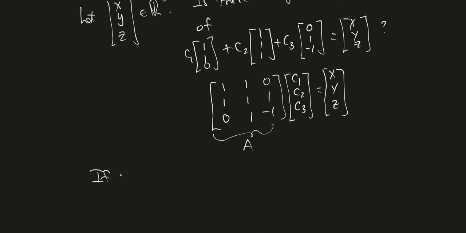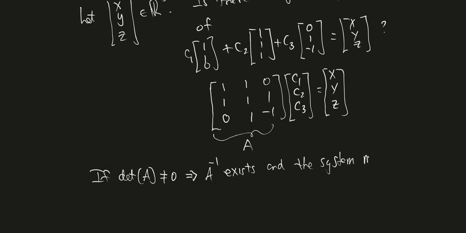If the determinant of A is not equal to 0, this implies that A inverse exists, and this system must have a unique solution.